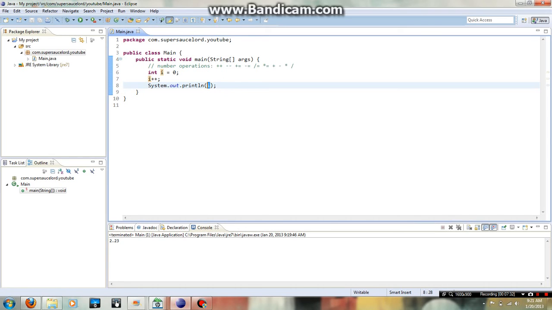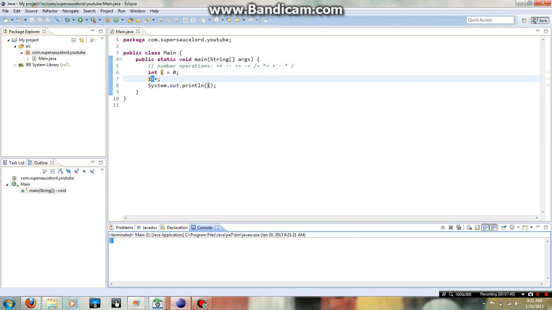This language is case sensitive. Now, if I do minus minus, guess what it's going to do? It's going to subtract. It's going to be negative 1.